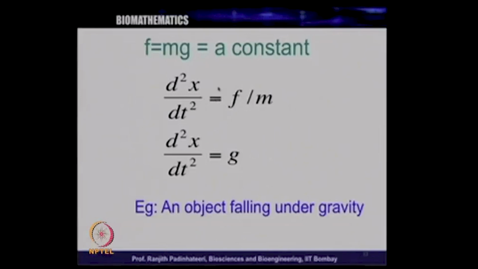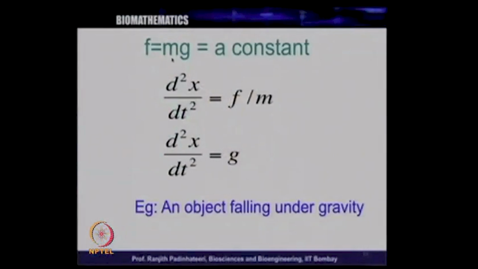So this is basically Newton's equation, and the simplest Newton's equation you can think of is something falling under gravity. Let us say if I leave this pen, it will fall under gravity. The falling of this pen, or any object falling under gravity, can be described by this equation.